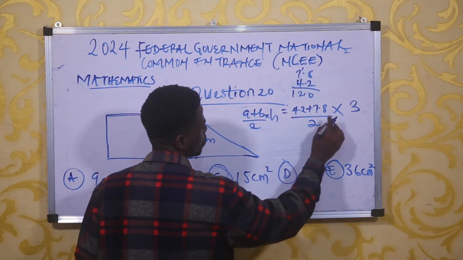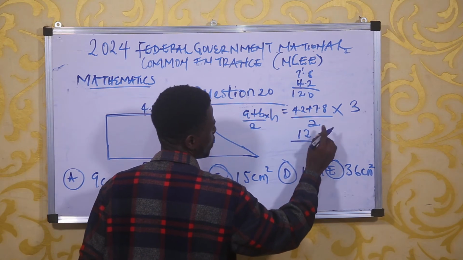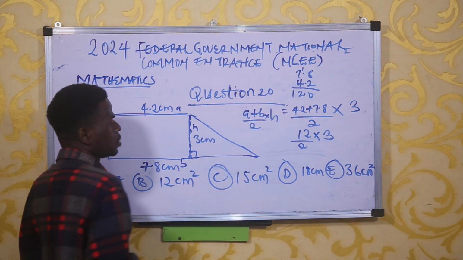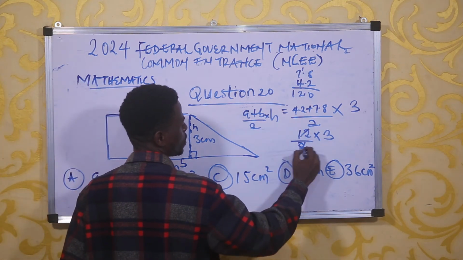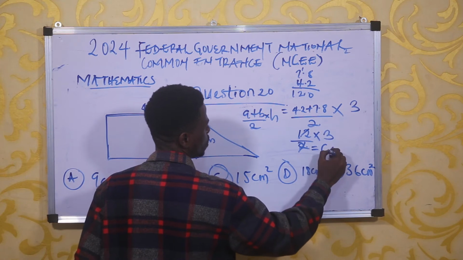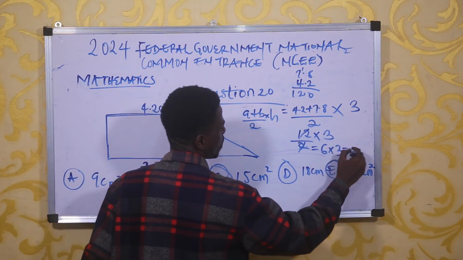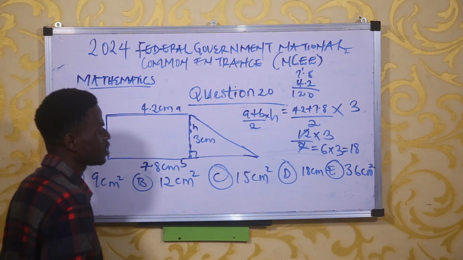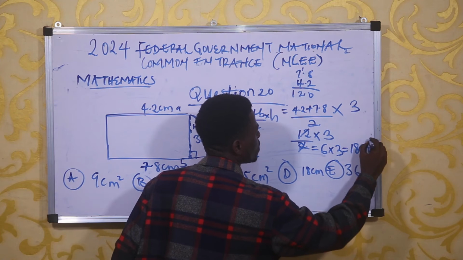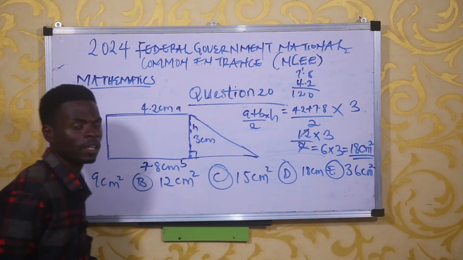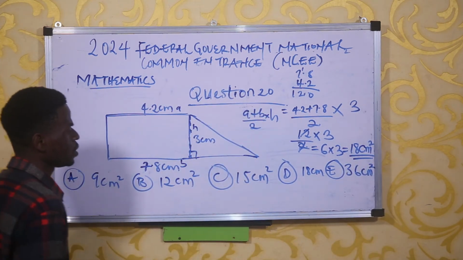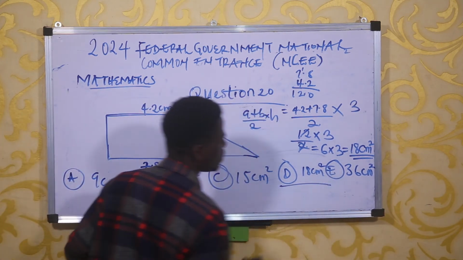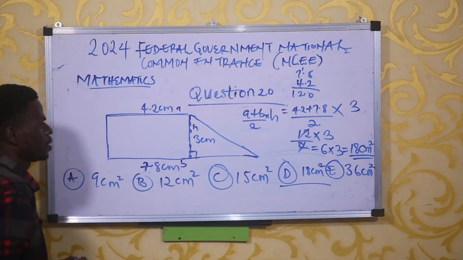So we have 12 divided by 2 times 3. 12 divided by 2 will give us 6, times 3 will give us 18. So our answer is 18 centimeter square, which is option D. Thank you.